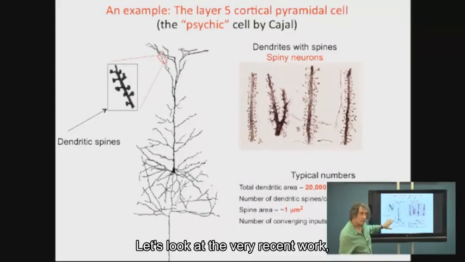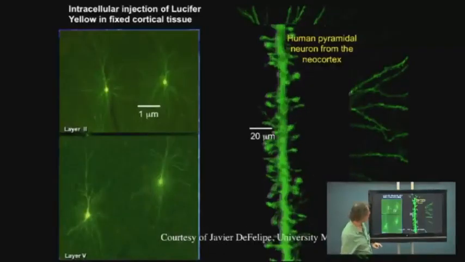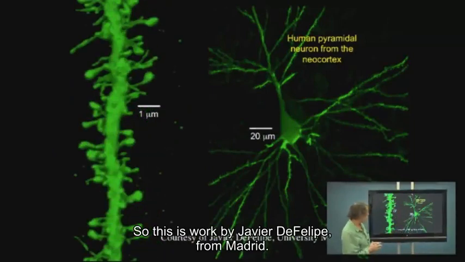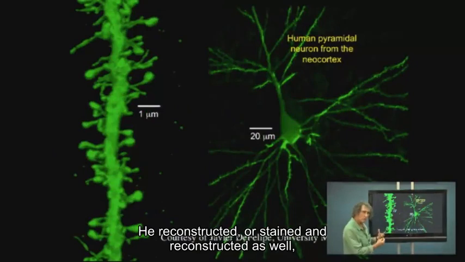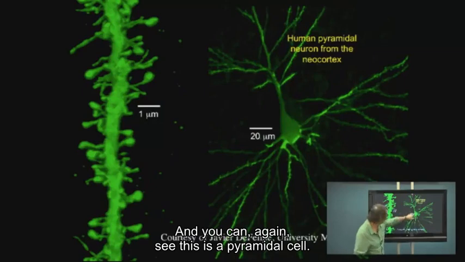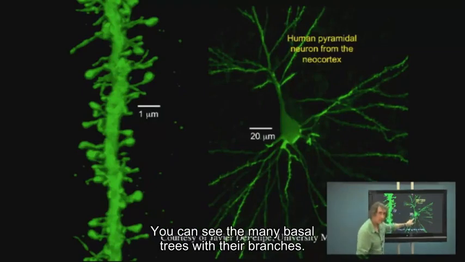Let's look at a very recent, beautiful work on dendrites and spines of humans. This is work by Javier de Felipe from Madrid. He stained and reconstructed pyramidal cells from human cortex. And you can again see this is a pyramidal cell. You can see the apical tree with its branches. You can see the many basal trees with their branches.